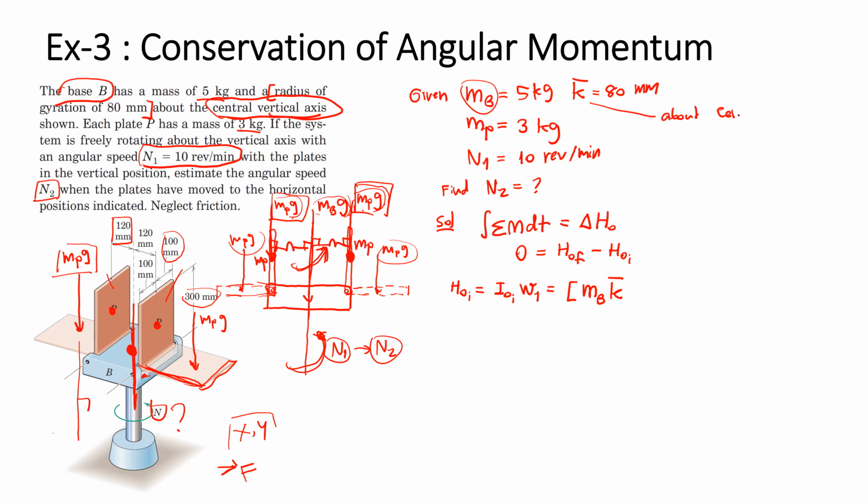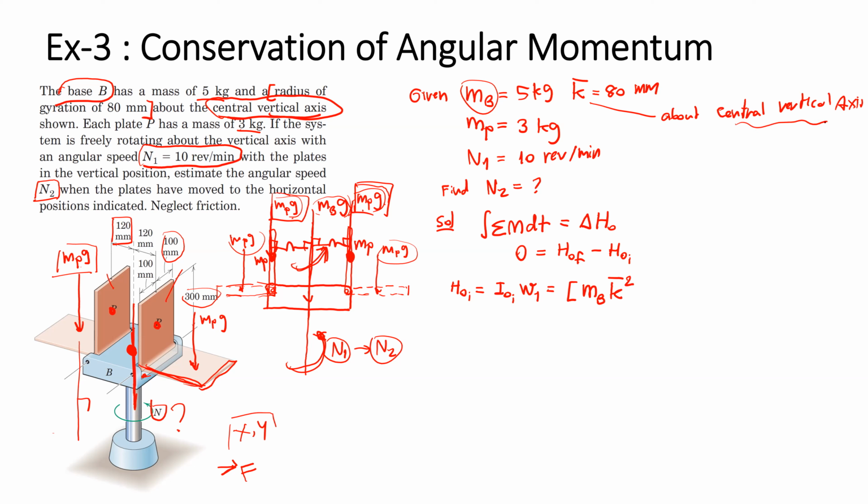The central vertical axis of the base B in this case is the same as the axis of rotation, so we can directly use the radius of gyration because the rotational axis and this position are already the same.